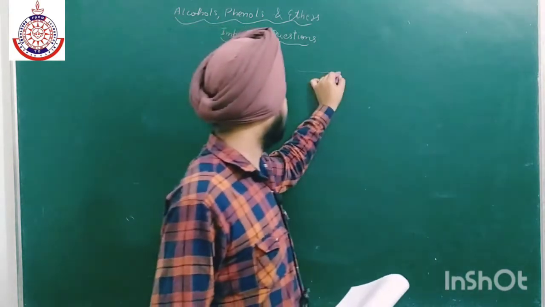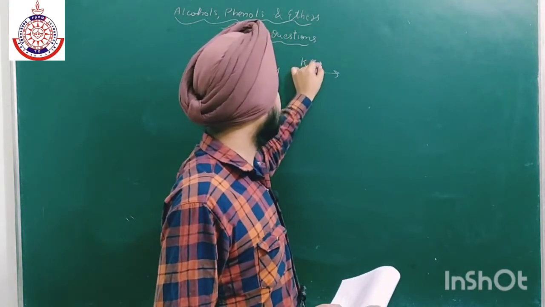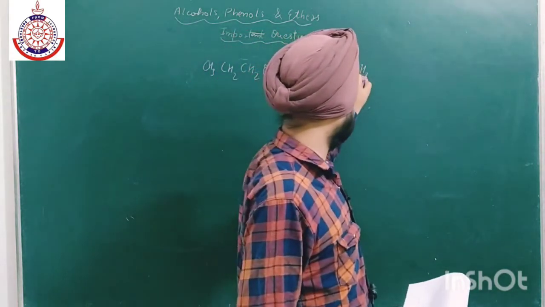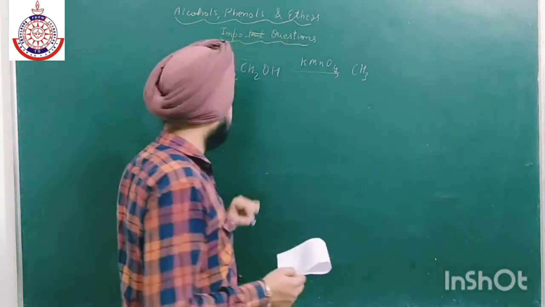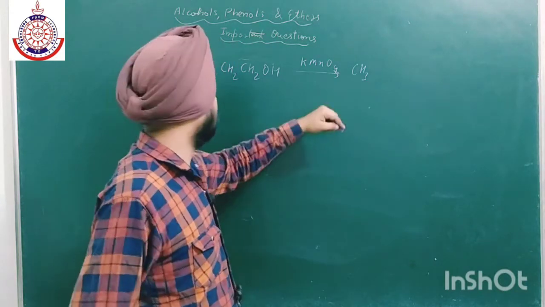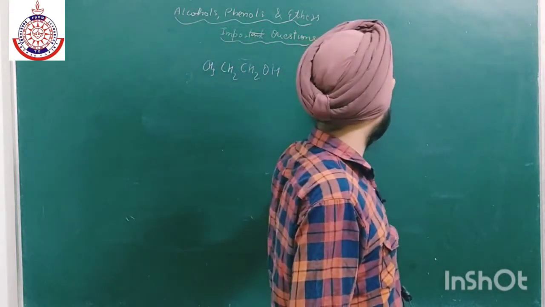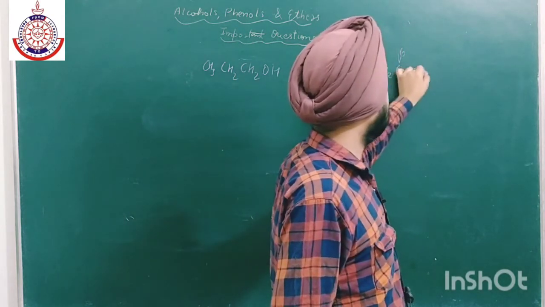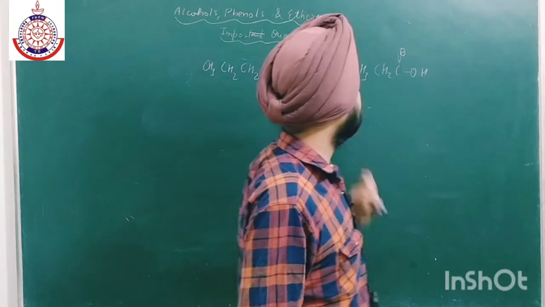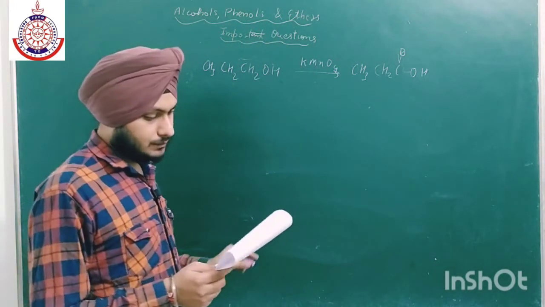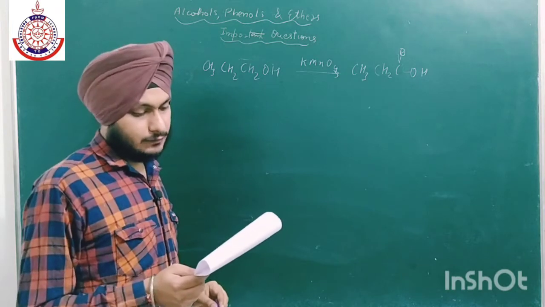We have to react it with KMnO4, and we all know that KMnO4 is a strong oxidizing agent. So it will definitely oxidize it into carboxylic acid, propanoic acid.